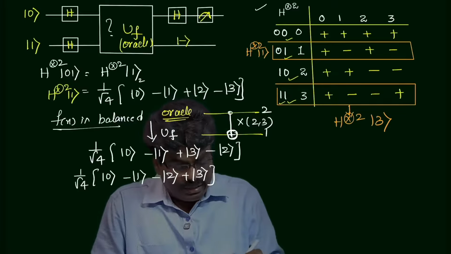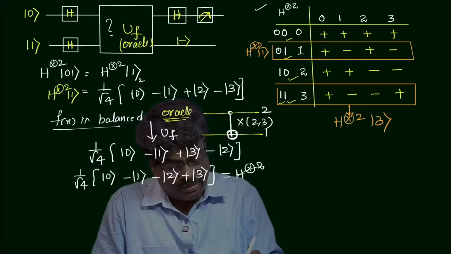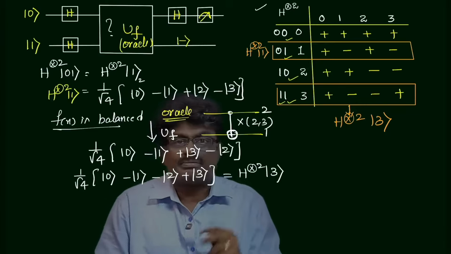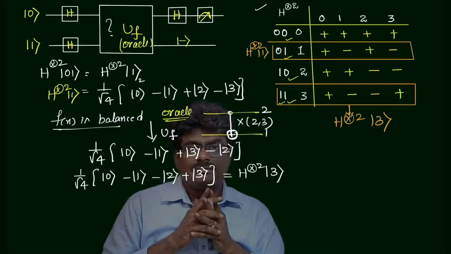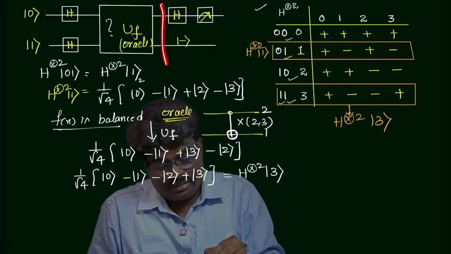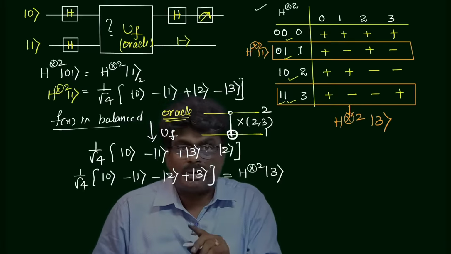So now finally this is equal to H tensor 2 operates on 3. I hope everybody understands. So right now we have completed up to this. Still we have some Hadamard operation, don't get tense.